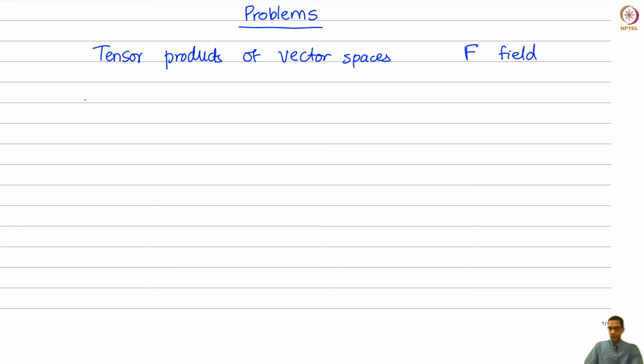So what was the tensor product? If I give you two vector spaces V and W, both vector spaces over the field F, the tensor product V tensor W over F has the following universal property.